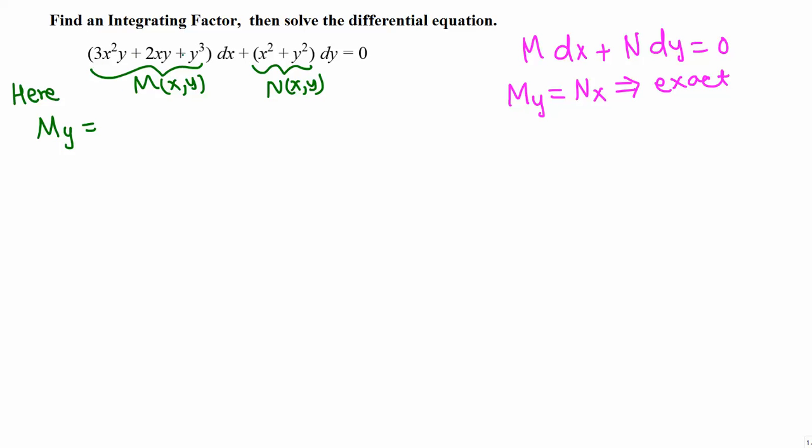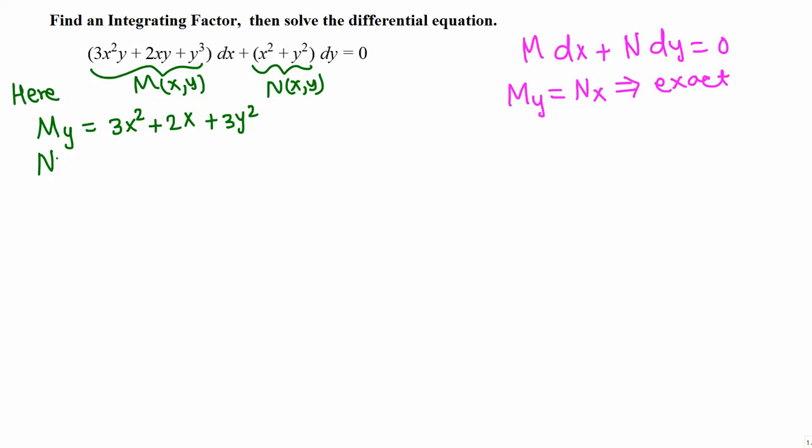With respect to y, x behaves like a constant, so 3x is constant, and the derivative of y is 1, so this is 3x squared plus 2x behaves like a constant, the derivative of y is 1, so this is 2x, plus the derivative of y cubed with respect to y, so 3y squared.